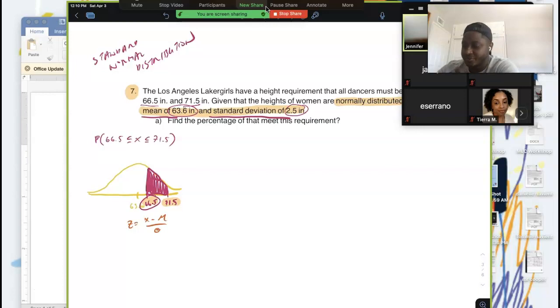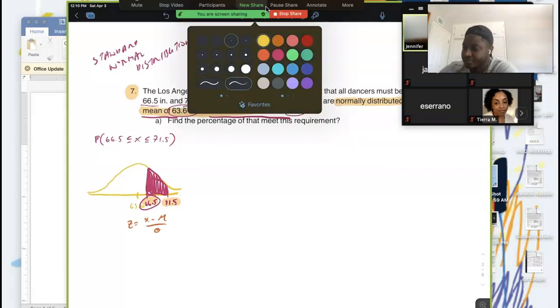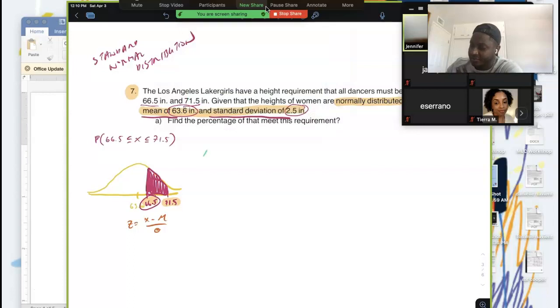Okay, so I'm going to use that for both, and we'll do them in different colors. When x is equal to 66.5, the mean is equal to 63.6, and the standard deviation is equal to 2.5.